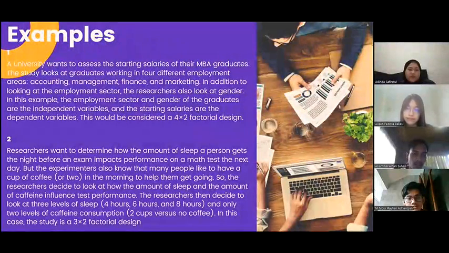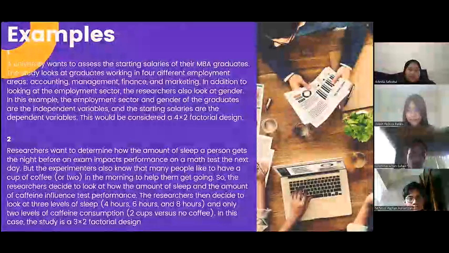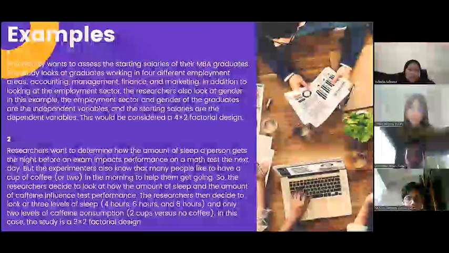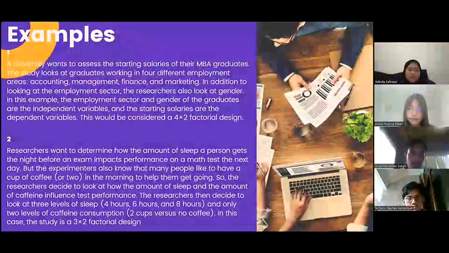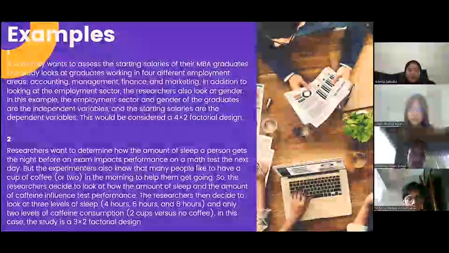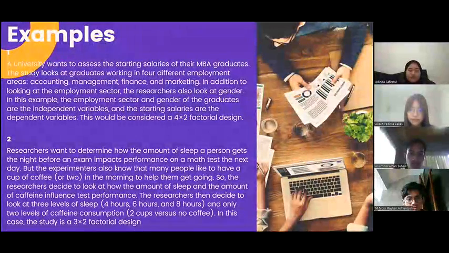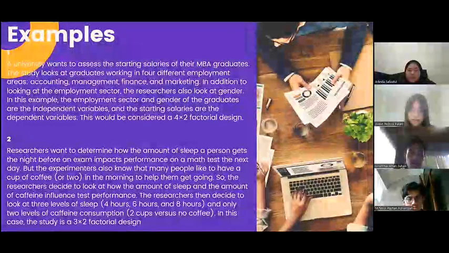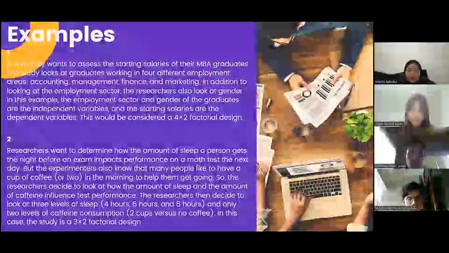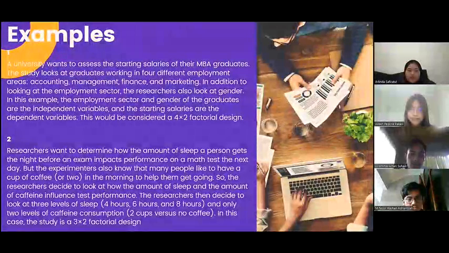The study looks at graduates working in four different employment sectors: accounting, management, finance, and marketing. In addition to the employment sector, the researcher also looks at gender. So in this example, the employment sector and gender of the graduates are the independent variables, and the starting salaries are the dependent variable. So this would be considered a 4 times 2 factorial design.